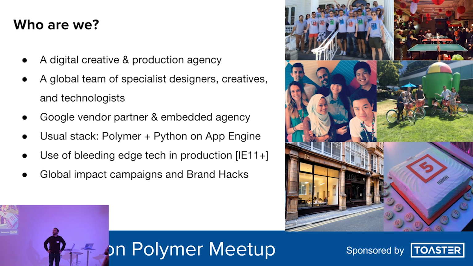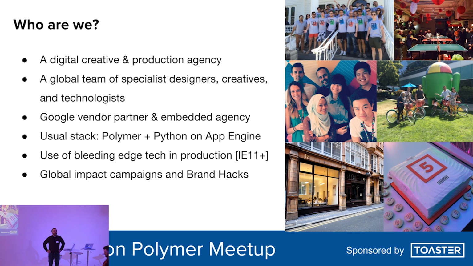We use Polymer and Python on Google App Engine every day in production on very large websites that attract millions of views. So we have proven the technology is working very well for us, and we have the luxury of not being constrained by old technologies, so we are really lucky with that.